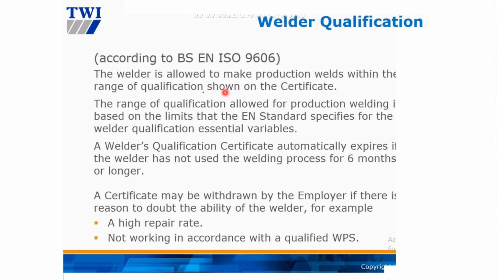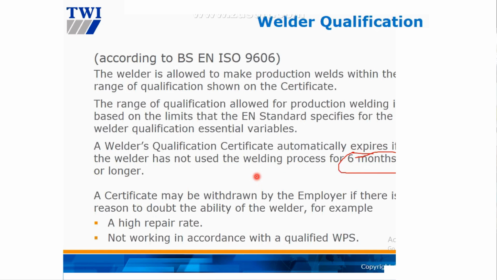The range of qualification allowed for production welding is based on the limits that European standards specify for welding qualification essential variables. A welding qualification certificate automatically expires if the welder is not used for 6 months. I think both European and American are the same when talking about 6 months as the period.